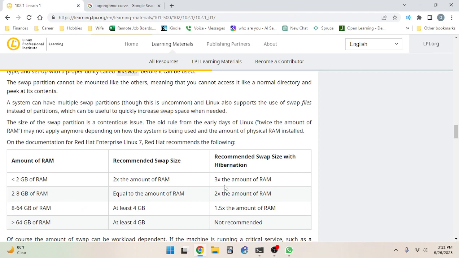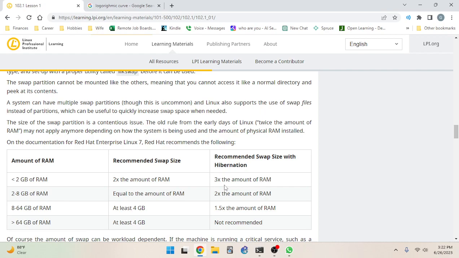So when you have a low amount of RAM, you can follow that rule, twice the amount of RAM. Once you're at 2 gigabytes of RAM or higher, then the growth becomes logarithmic. It's equal to the amount of RAM, and then it balances out to where no matter how much RAM you have, 4 gigabytes is probably going to be fine.